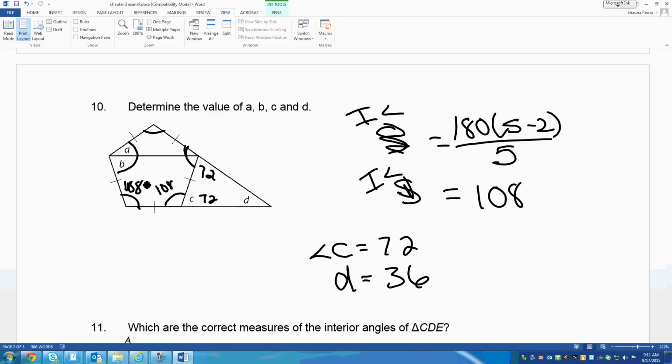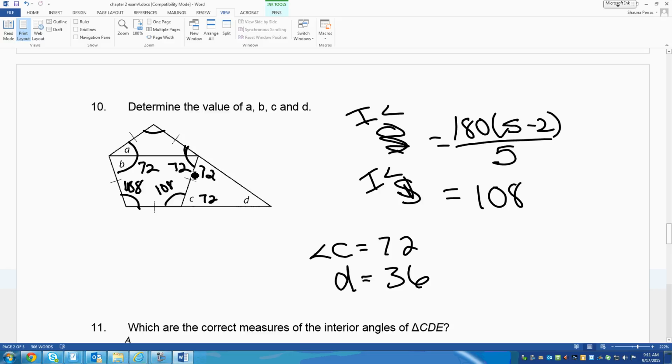So I know that the angles underneath are equal to each other too, right? So 360 minus 108 gives me what? 144. And then I've got to take that 144 and divide it by 2 because it's 2 angles on the top. Gives me 72 here and here, right? So angle B is 72.